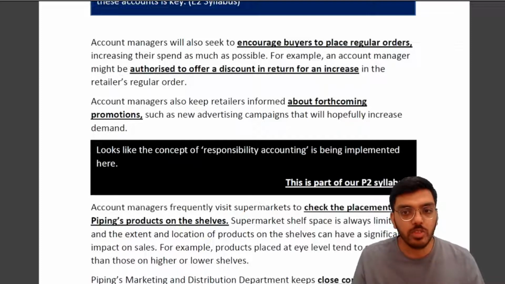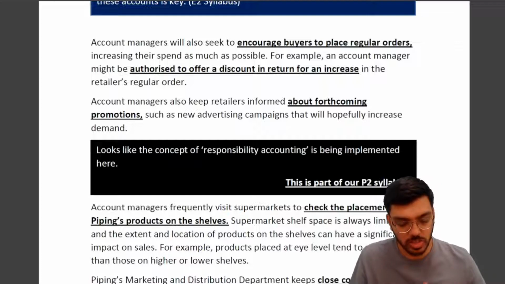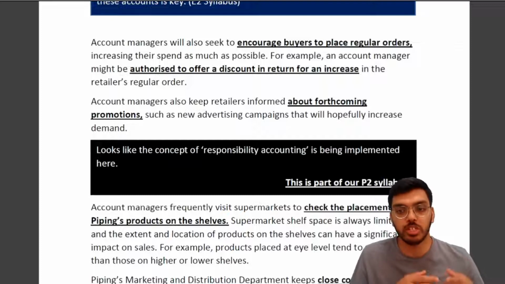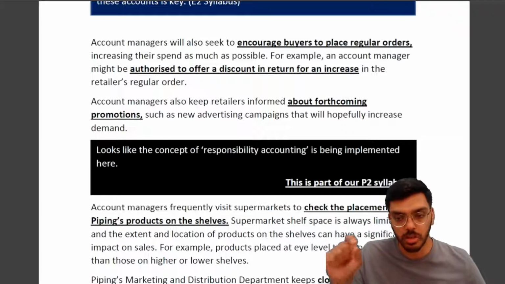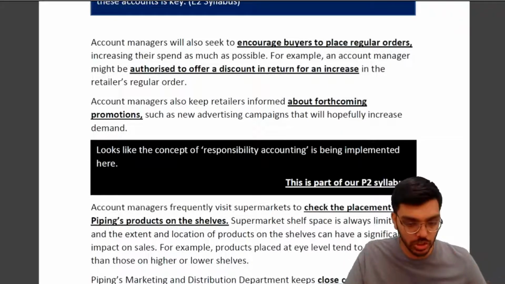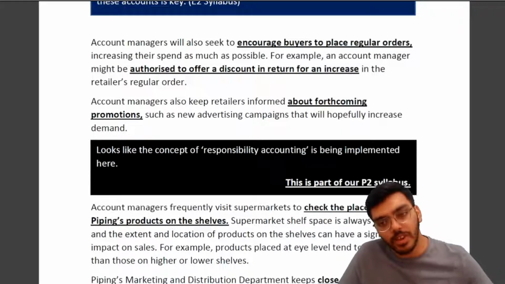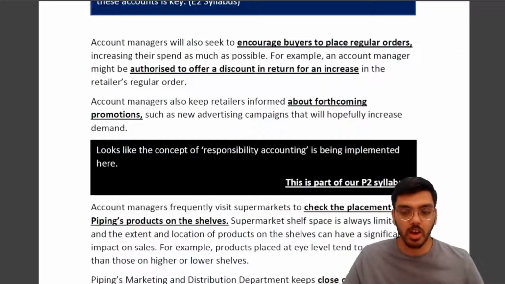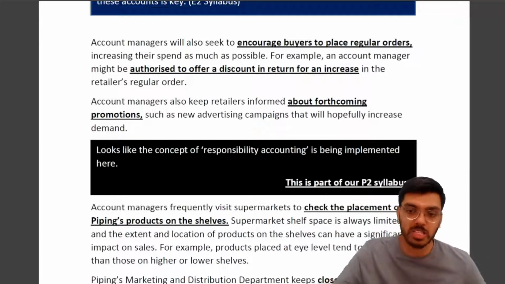So it looks like the concept of responsibility accounting is being implemented here. That account manager is given full responsibility for that particular retail customer. So all the decisions, the costs, as well as revenues could be the responsibility of this account manager for that specific account.